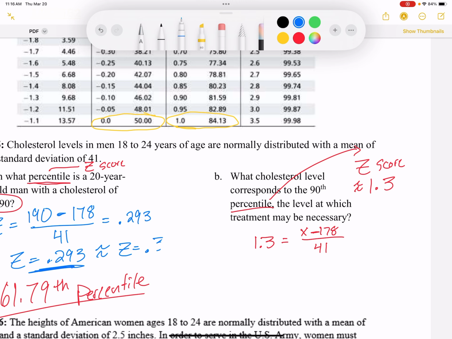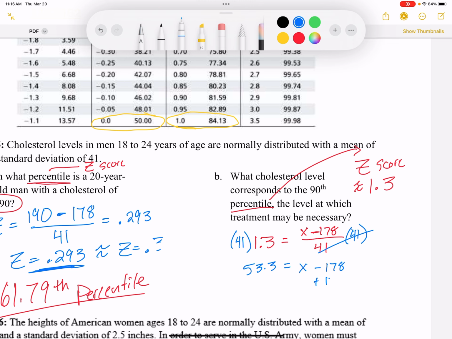First thing I need to do is get rid of that 41. So I multiply by 41 because it's dividing. I'm doing the opposite. Multiply both sides by 41. That cancels out. And I got 1.3 times 41 gives me 53.3. And that's equal to x minus 178.